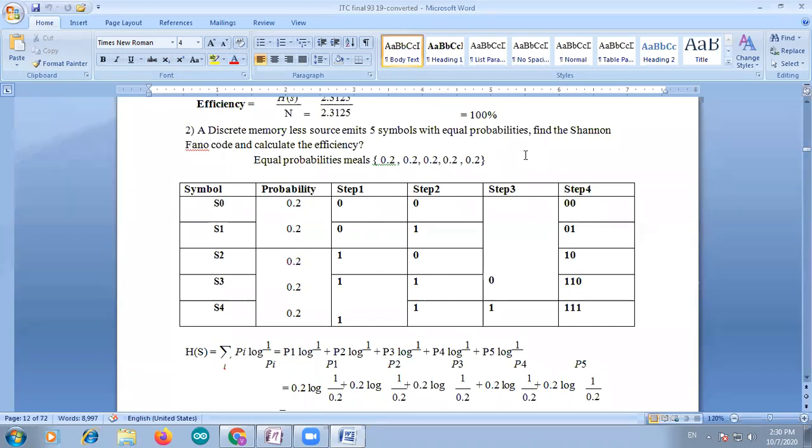For the 2 symbols, the probability is 0.4. The remaining 3 symbols have probability 0.6. Or the above 3 symbols can be one group and the below 2 symbols another group. That is also possible. So as per your convenience, you can do the problem. Myself, I take 2 symbols as a group and 3 symbols as another group.